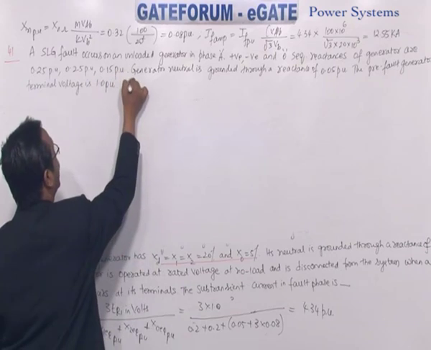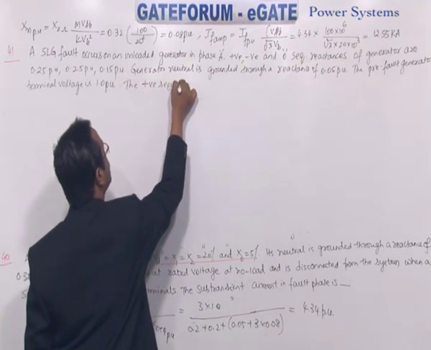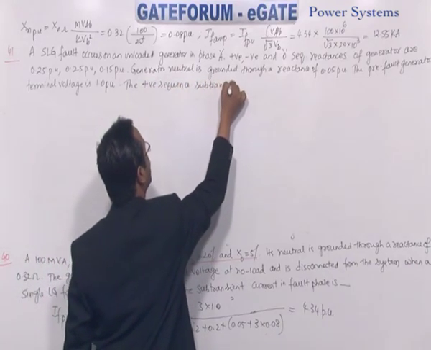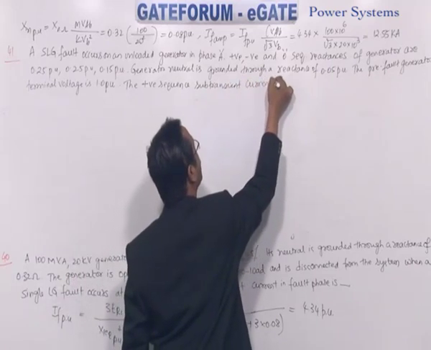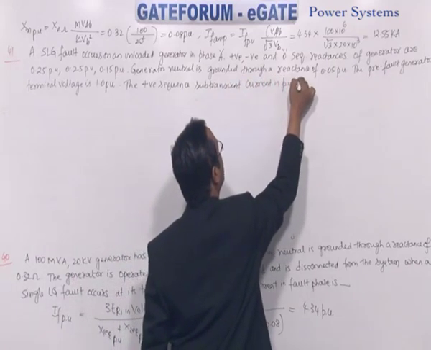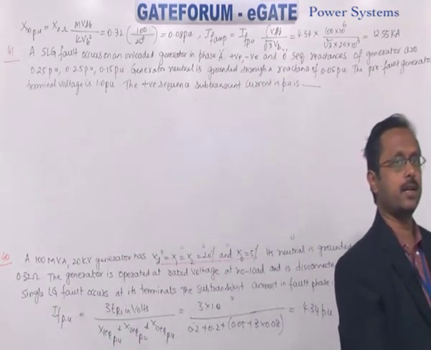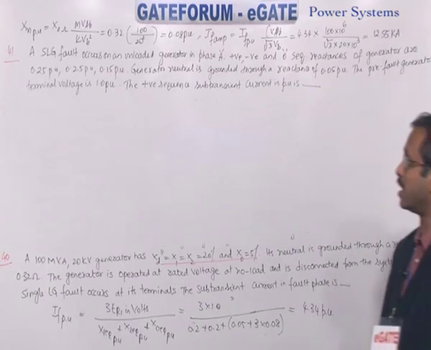So here we have to calculate the positive sequence subtransient current in per unit.